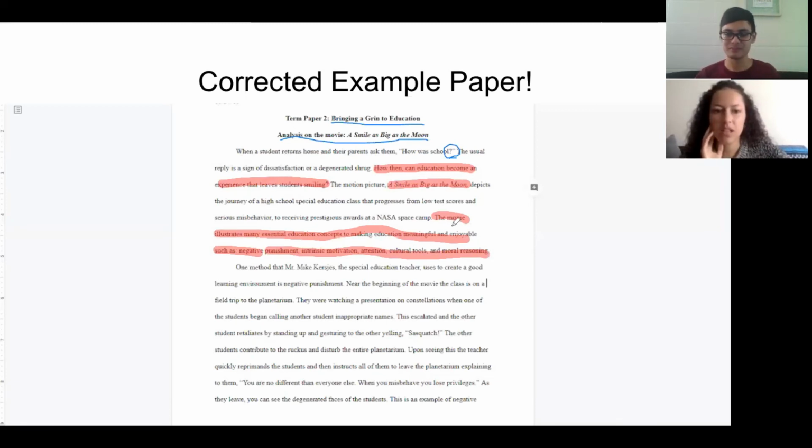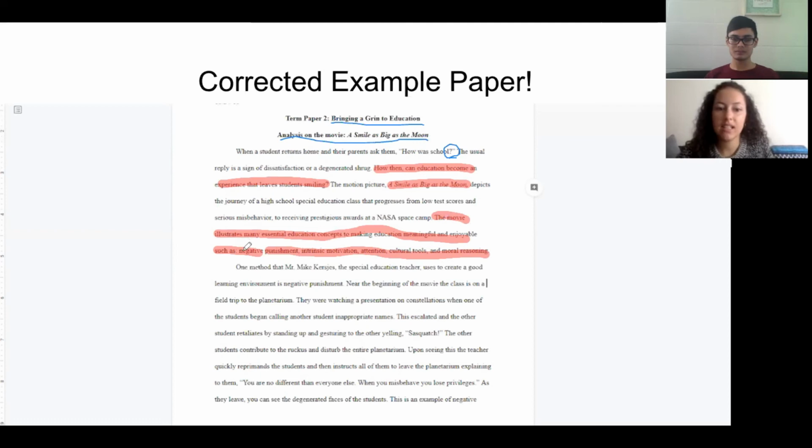It says, the movie illustrates many essential education concepts to making education meaningful and enjoyable, such as negative punishment, intrinsic motivation, attention, cultural tools, and moral reasoning. And so, like mentioned before, we see that the movie is being referred to in the thesis statement, the topic, and how we're going to talk about how it illustrates many essential education concepts to making education meaningful and enjoyable.